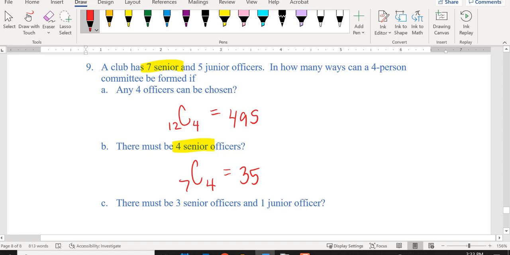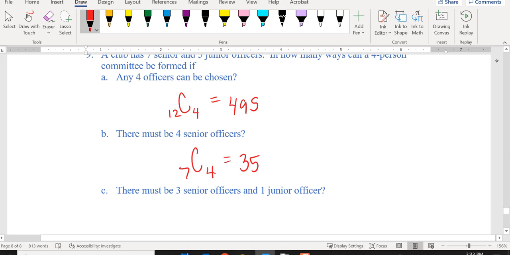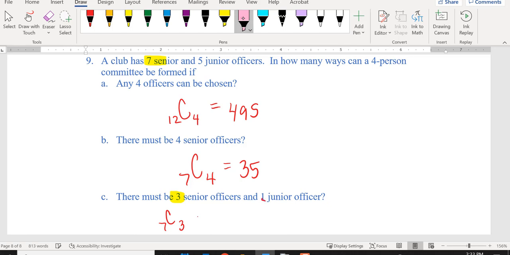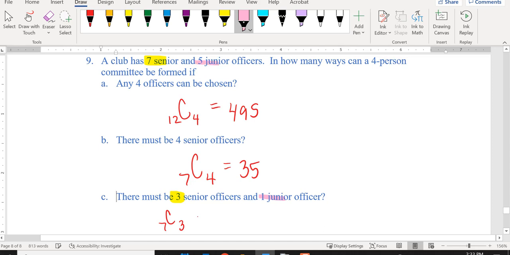All right. What if you must have 3 seniors and 1 junior? Okay, how many ways can you do 3 seniors? Remember, there's 7 seniors to choose from, and you want to pick 3 of them. So it's going to be the combination of 7, choose 3. Now you want to pick 1 junior officer, and you had 5 to choose from.